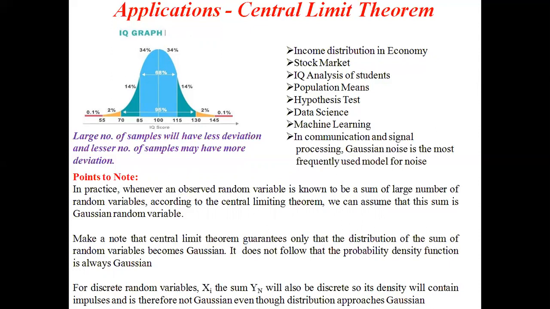In machine learning, what will you do? You will train one model. To train the model, you will collect a number of samples. From the samples you have collected, you will use some samples to train the model, and you will use some samples to test the model.